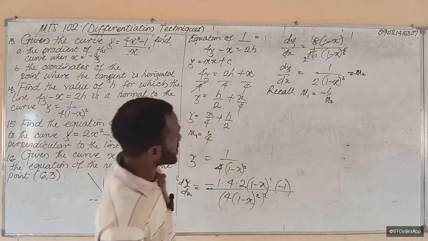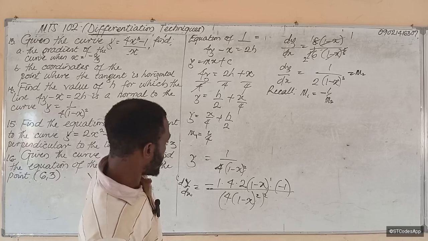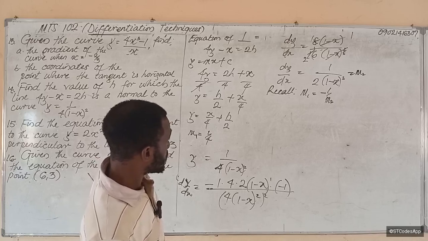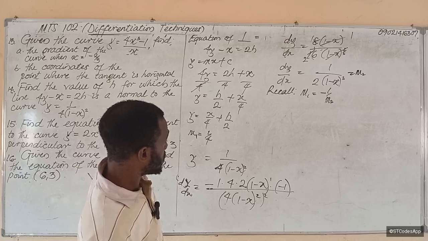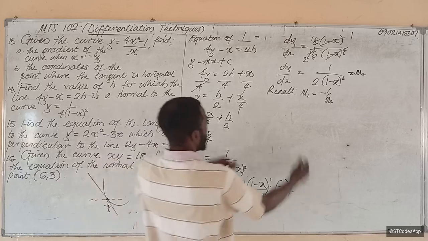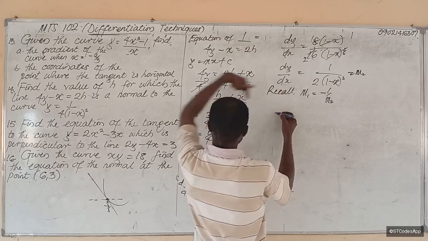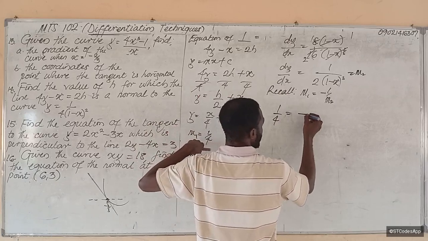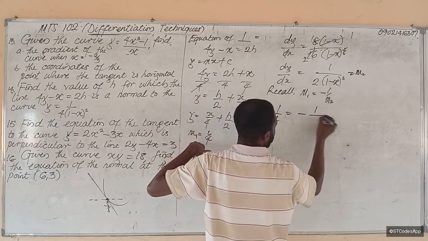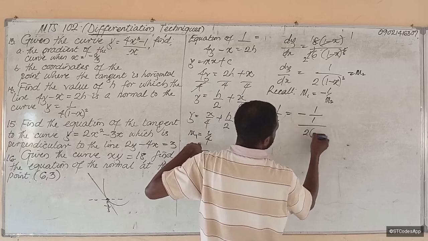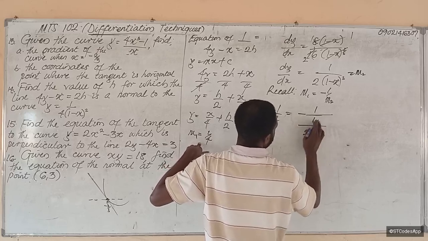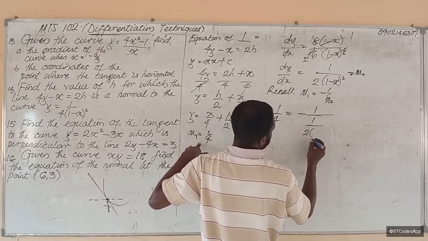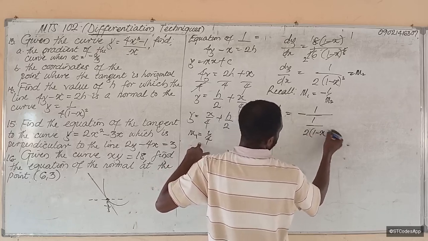Good. So if that is clear, then it means that our m1, which is 1 over 4, will be equal to negative 1 over this, 1 over 1 over 2 into bracket 1 minus x all raised to power 3.